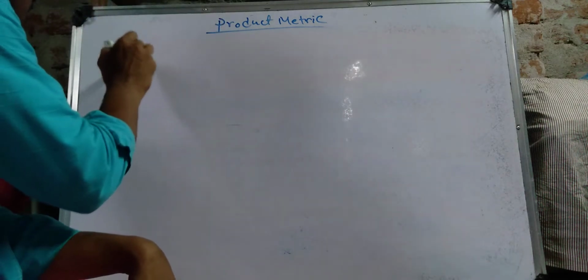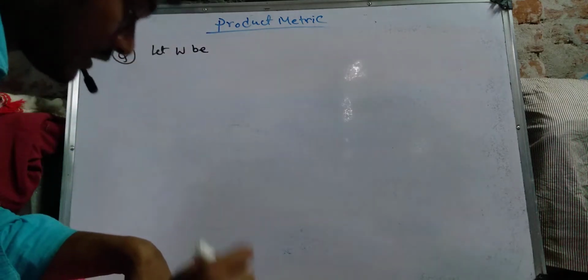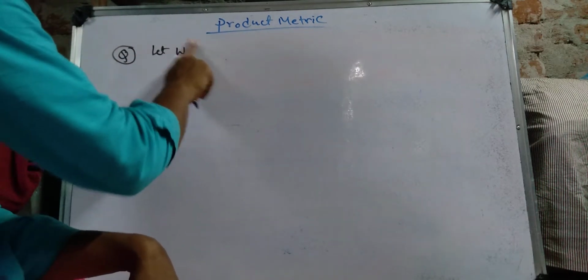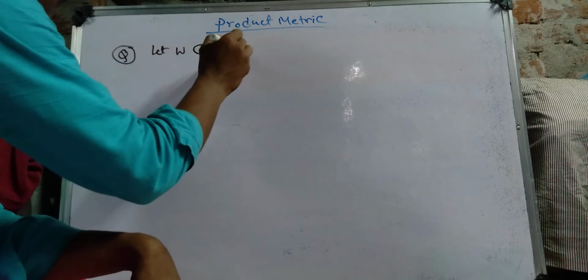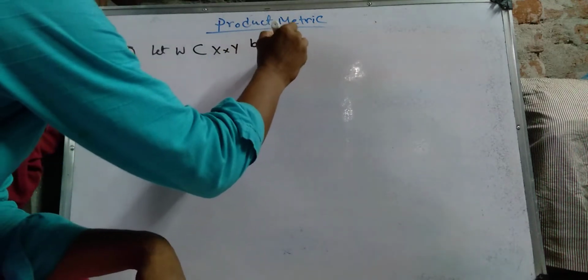Now write in question form: let W be a subset of X Cartesian product Y, open in the product metric.